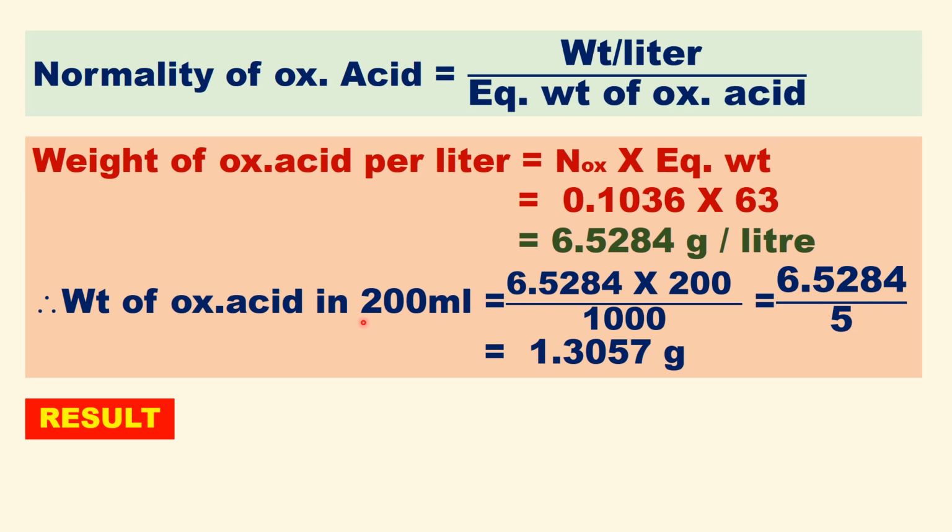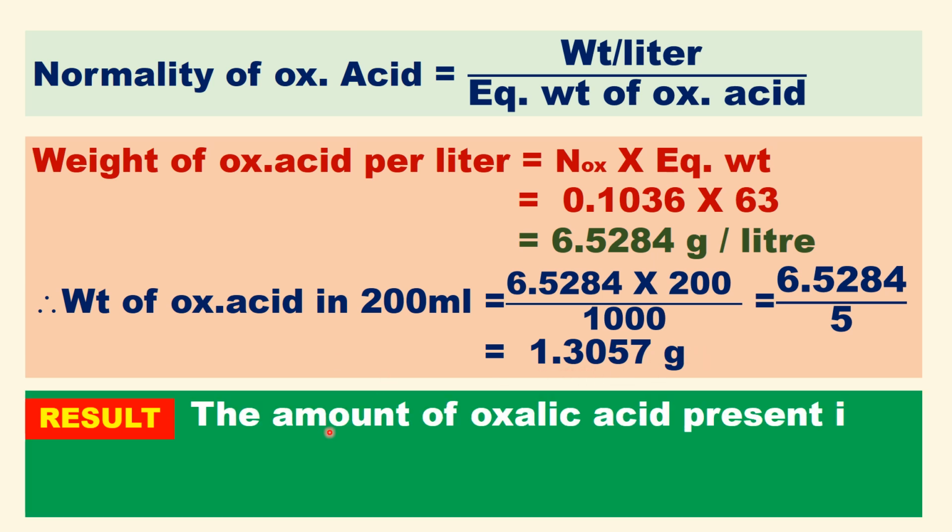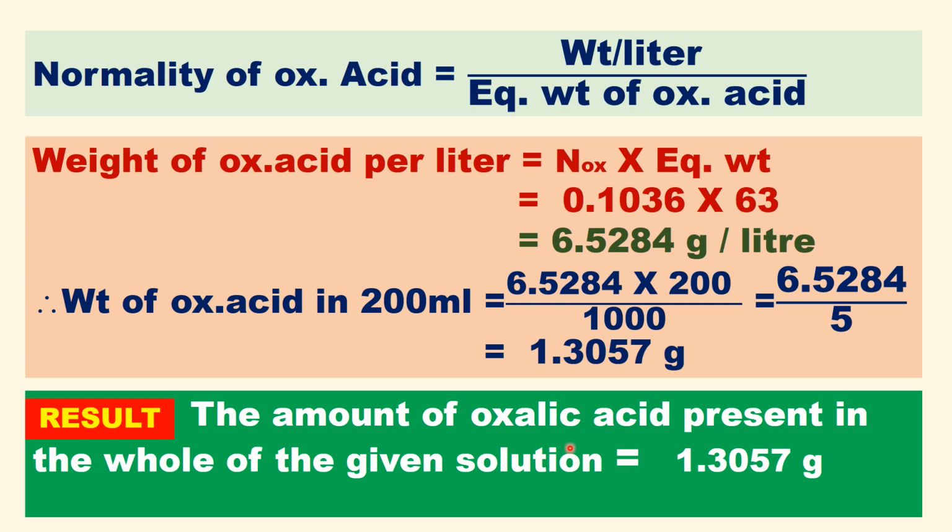Suppose your class teacher says, make up the unknown oxalic acid in 100 ml, then you put 100, and divide by 10. So in this case, the weight of oxalic acid in 200 ml is divided by 5. The answer is this. So the result: the amount of oxalic acid present in the whole of the given solution is equal to 1.3057 gram.